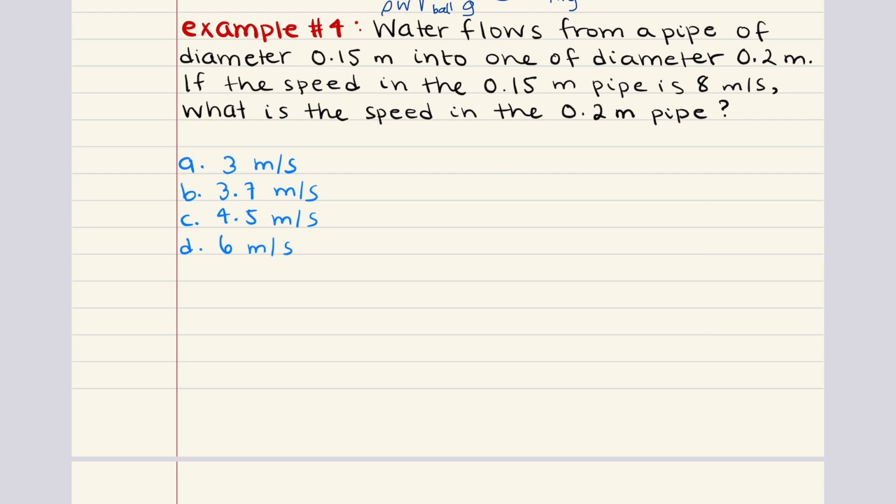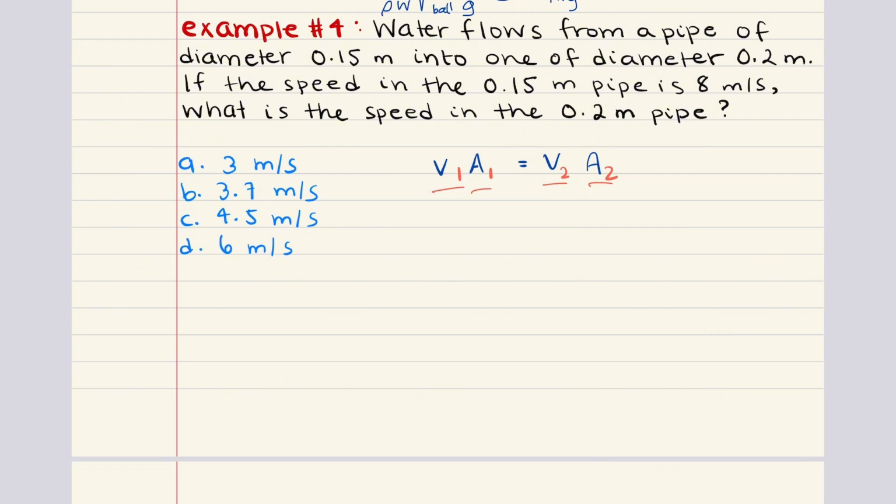The continuity equation for incompressible fluids like water is given by the following equation: A1V1 is equal to A2V2. Here, A1 is the cross-sectional area of the smaller pipe, and V1 is the velocity in the smaller pipe. A2 is the cross-sectional area of the larger pipe, and V2 is the velocity in the larger pipe.